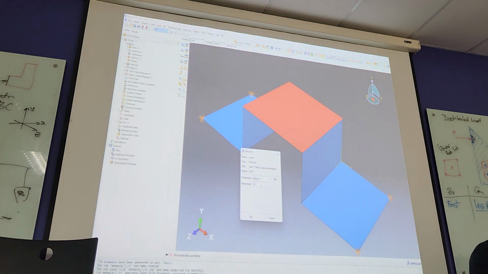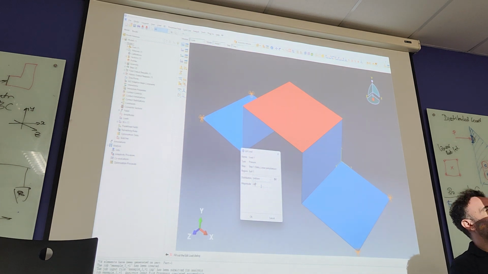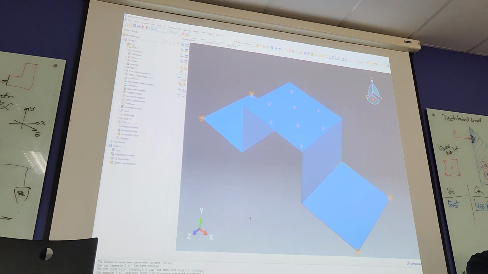How many kilopascals in 1 megapascal? 1,000. And we only got 70. So it's going to be 0.07. Okay, there you go.